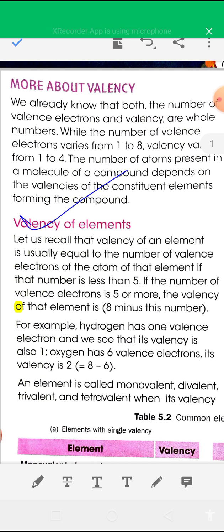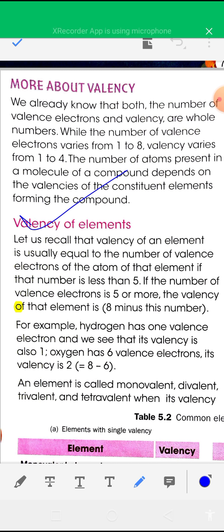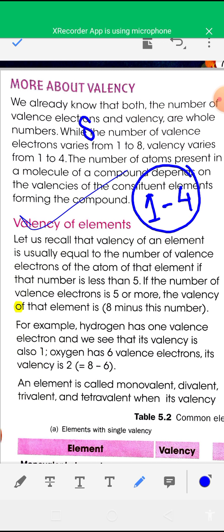In terms of electrons, valency is equal to the number of valence electrons when the number of electrons in the valence shell of an atom is 1 to 4. But if the number of electrons in the valence shell is more than 4, that is 5 to 8, then valency is equal to 8 minus the number of electrons in the valence shell.